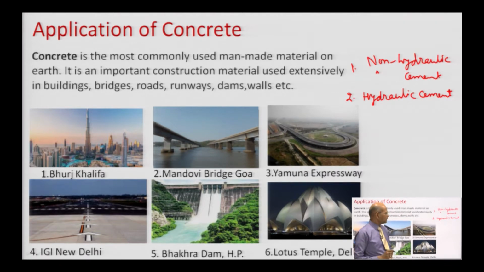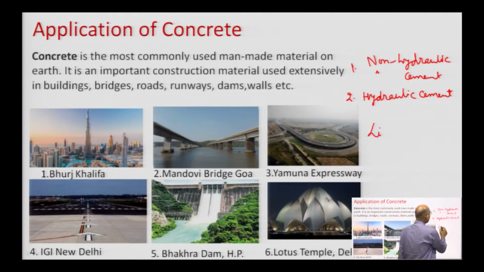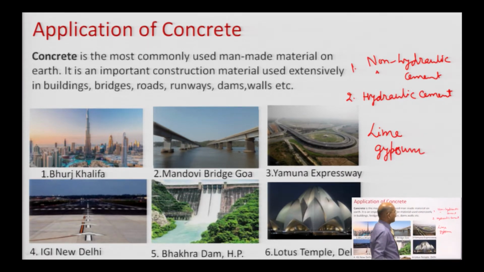So, they used to take the limestone; non-hydraulic cement is natural cement. This is lime and gypsum, which is available in nature, and lime can be prepared with the help of limestone.